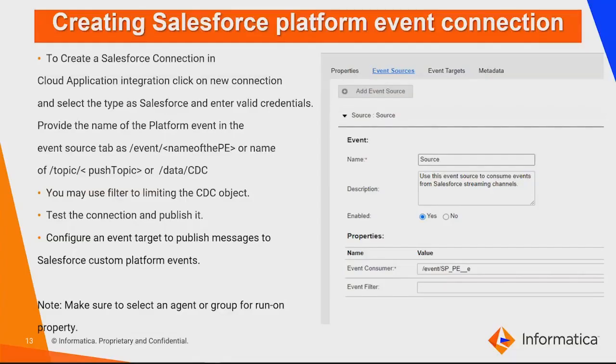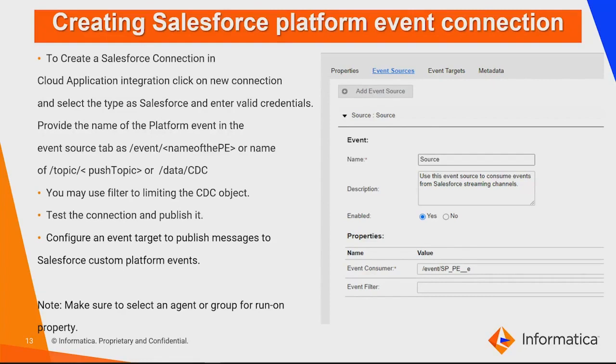So far we have learned about Salesforce overview, prerequisite in order to create a connection in CAI, uses of managed package, and steps using which you can install the managed package on Salesforce platform. Now let us look at how one can create a connection to Salesforce platform event in cloud application integration.